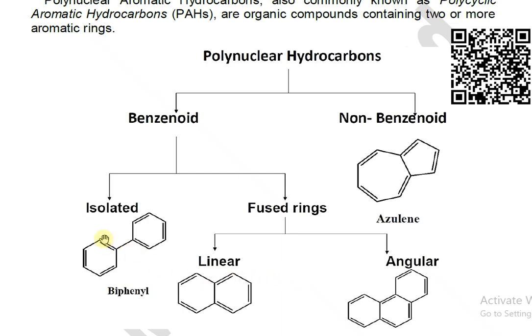The difference between the isolated and the fused ring, you are clear here. As I said before, the isolated are not bonded together directly. But for the fused, they are directly bonded together, and there are shared carbon atoms between the rings.